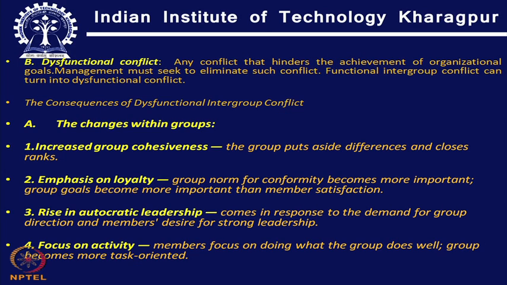Functional intergroup conflict can sometimes turn into dysfunctional conflict when we move away from the task at hand, and we focus on the person and try to find fault with the person.